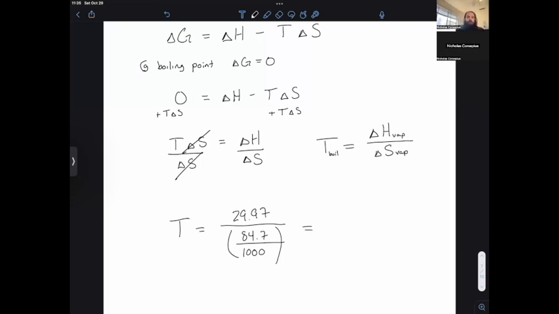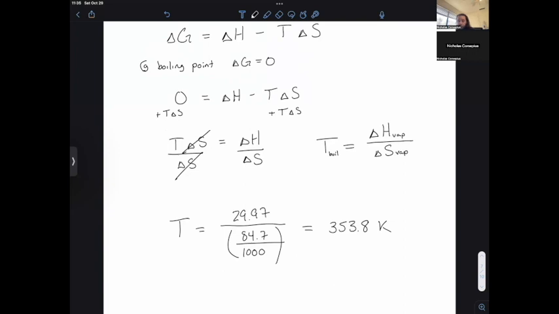And what we see is that my estimated temperature of boiling here would be this 353.8 Kelvin.